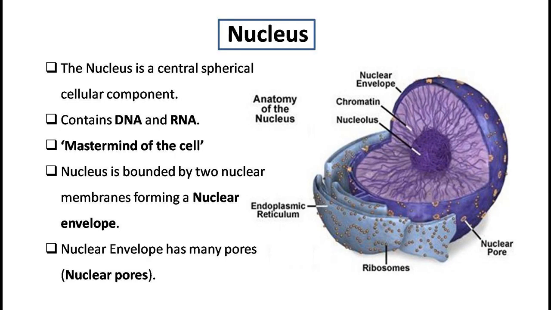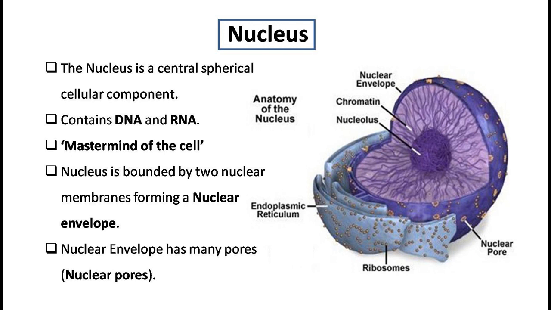Then we have the nucleus. The nucleus is a central spherical cellular component which contains DNA, which is deoxyribonucleic acid, and RNA, ribonucleic acid. It is also called the mastermind of the cell, as it controls the structure and functions of the cell.